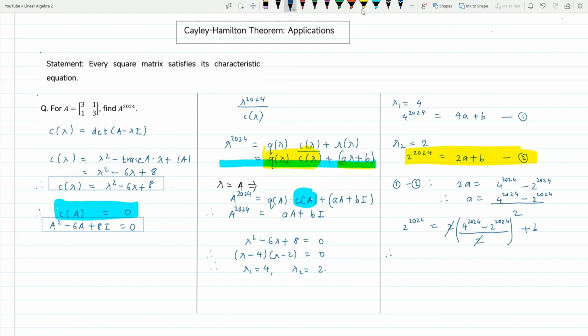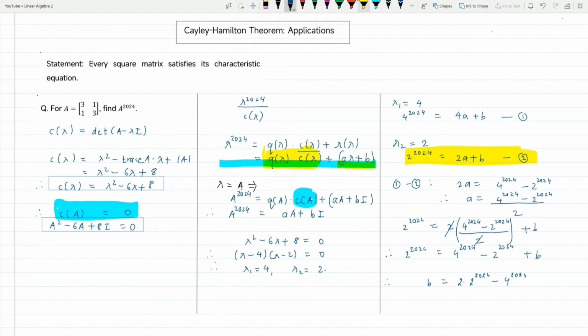So we have that 2^2024 is equal to 4^2024 minus 2^2024 plus b. So we get b = 2 times 2^2024 minus 4^2024.